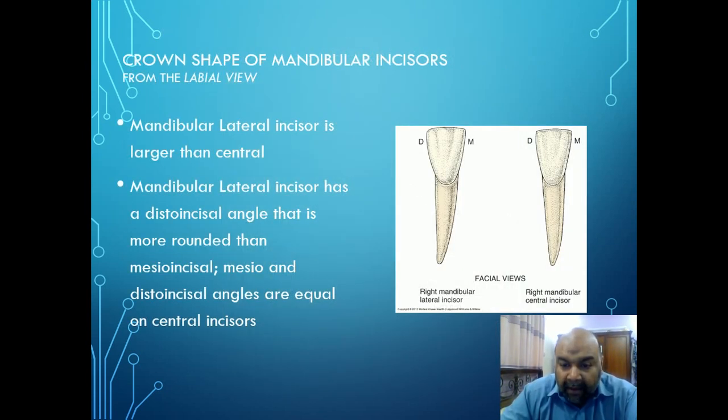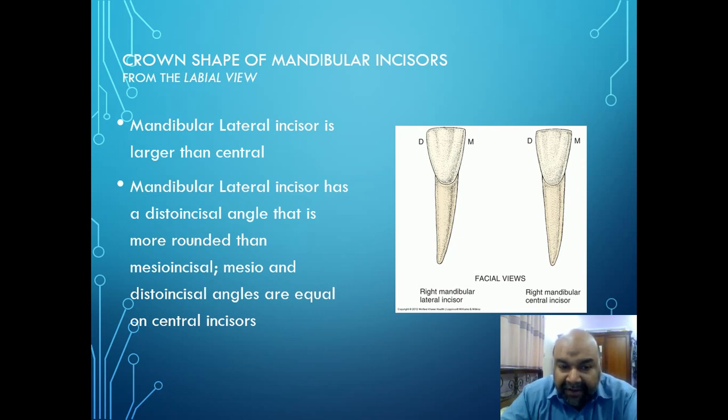We had already discussed in the relative size and shape that the mandibular central is considered to be the smallest or the narrowest tooth in the oral cavity, and the mandibular lateral is actually larger in size than the mandibular central incisor. This is in sharp contrast to the maxillary central and lateral incisor. The maxillary central incisor is usually larger in terms of mesiodistal and faciolingual dimensions as compared to the maxillary lateral incisor.